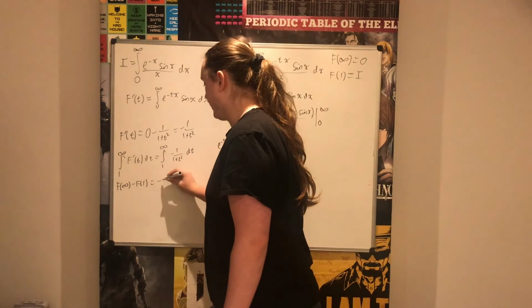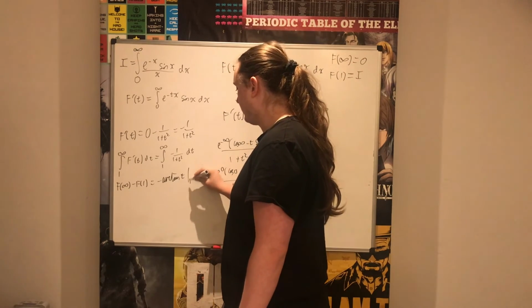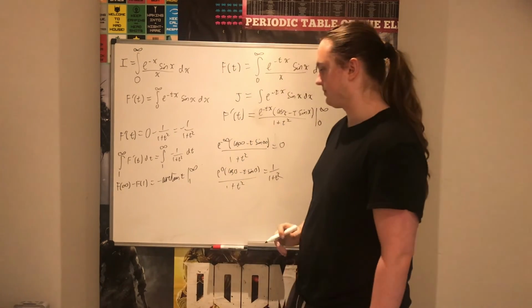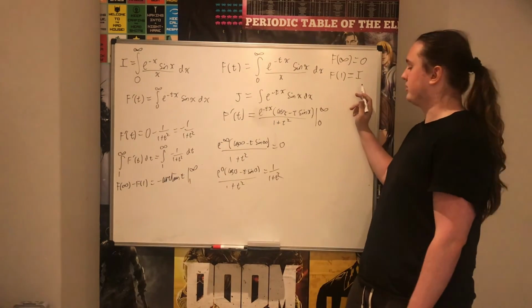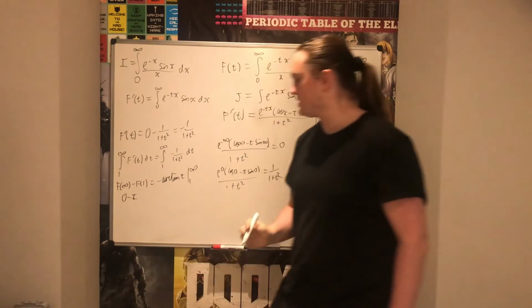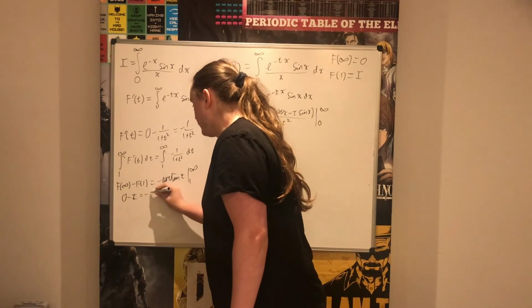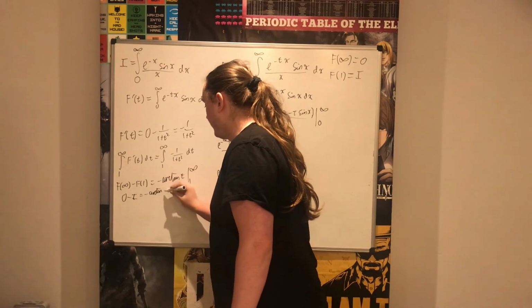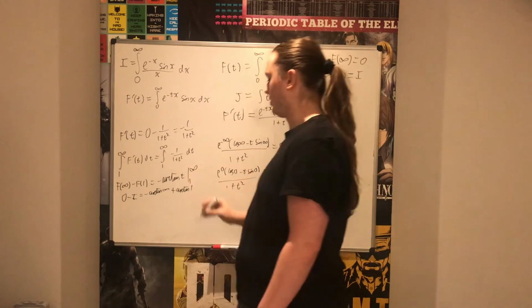So this is going to be minus arctan of t from 1 to infinity. Now, we worked out earlier what f of infinity and f of 1 are. So we know that 0 minus the original integral we wanted to work out, I, is the same as minus arctan of infinity plus arctan of 1.